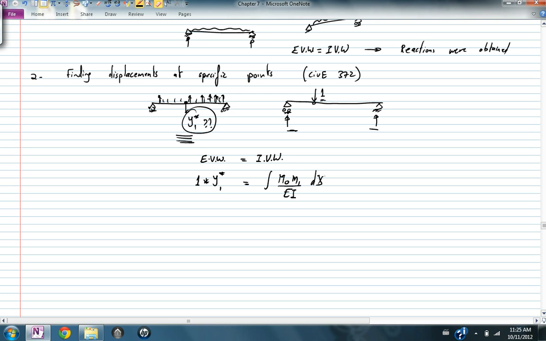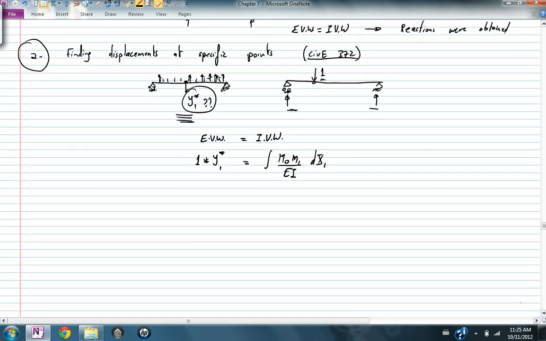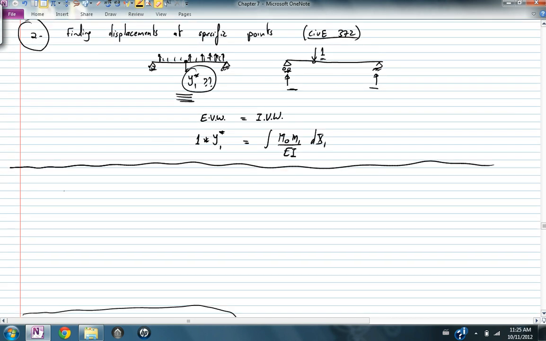And as I said, I'm not going to ask you about this application in your exams because you already studied it in 372 in more detail. Now, in general, if you're interested in the displacement or in the solution of a structure, you actually input it in a software. People don't really use this application anymore because you only get the displacement at a specific point.